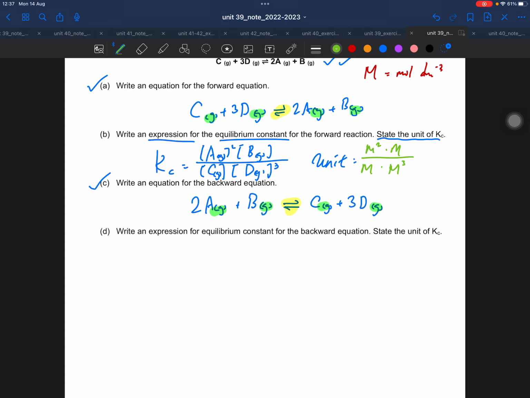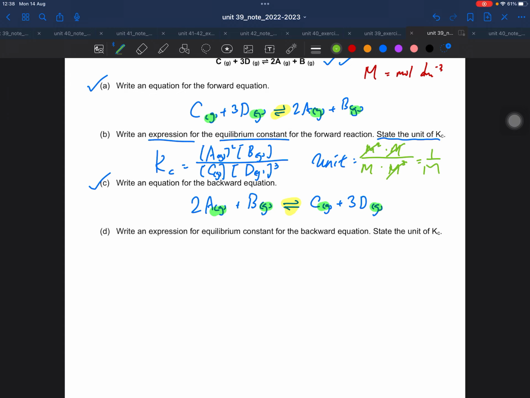I only mention the unit here. Now you can see this one can be cancelled out, right? So finally, the answer should be 1 over capital letter M. Don't worry, this is draft only.